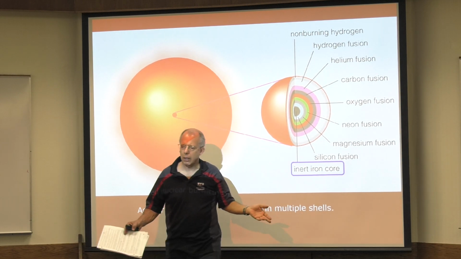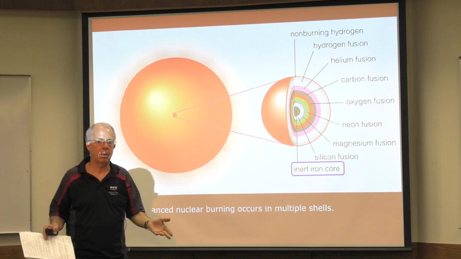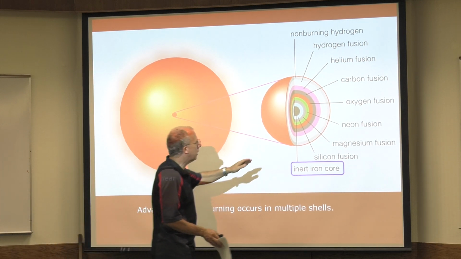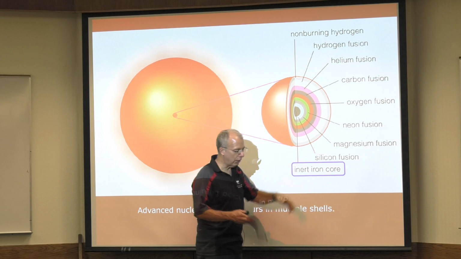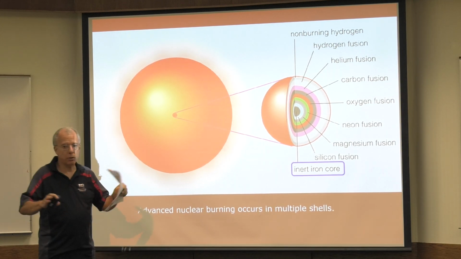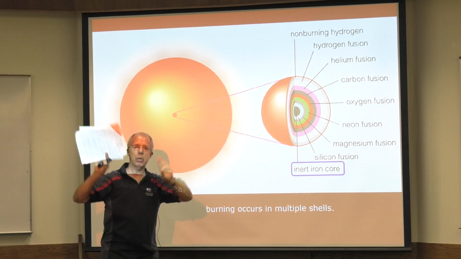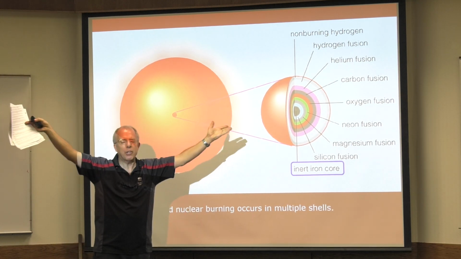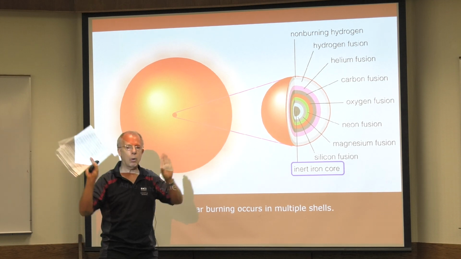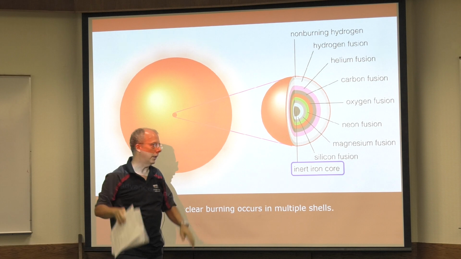Now wait a second. Iron can't fuse, can't fission, doesn't do anything. Agree? So once you get to this point where you have this iron core, what happens? Well, there's no more fusion. So there are no more forces pushing the star, counteracting gravity, right? There's no more outward forces counteracting the inward pull of gravity.